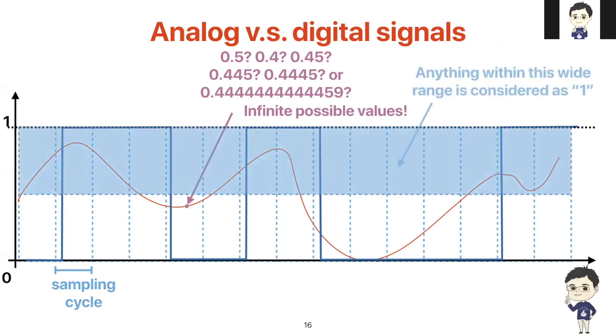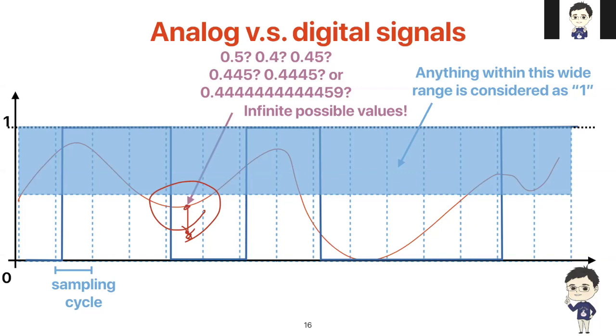Another thing, if you look at this graph, you will figure out that the range of zeros and ones within a signal is relatively large. However, for analog signals, if you miss this point, you just miss it. If this point changes a little bit, then the whole thing becomes different.